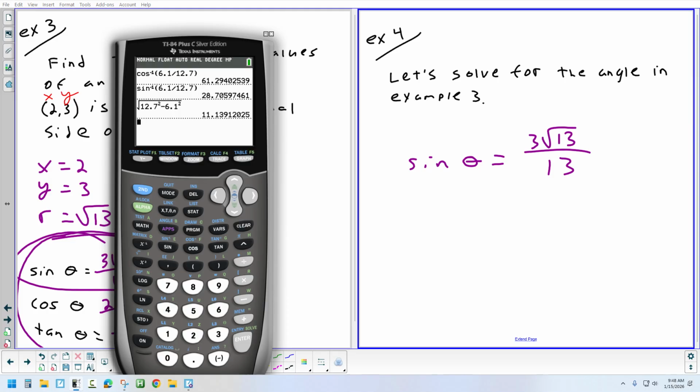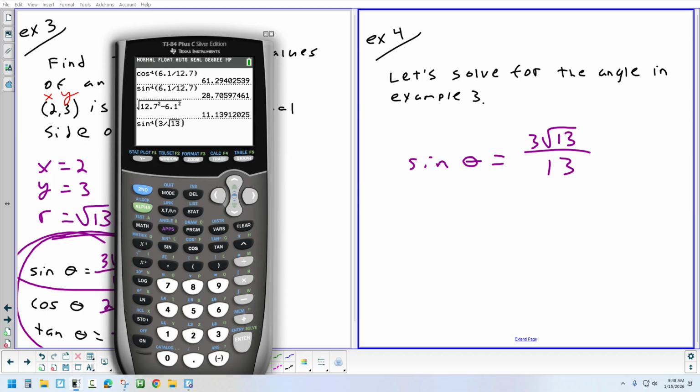Yeah, I'm going to take the inverse sine. And it's easier if I just type it in as 3 over root 13. It's less stuff that I have to type in. 3 divided by square root of 13, which is the same thing I have there, but I fixed it so the root wasn't at the bottom.